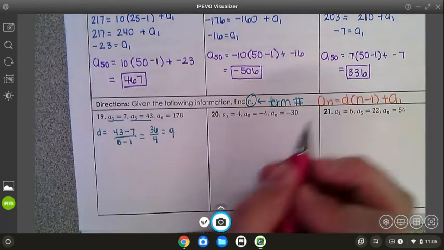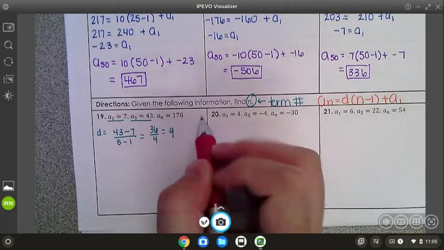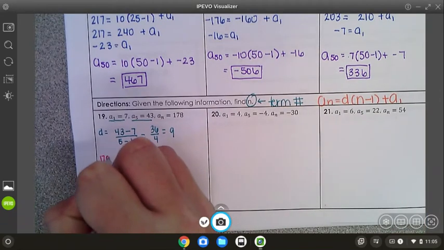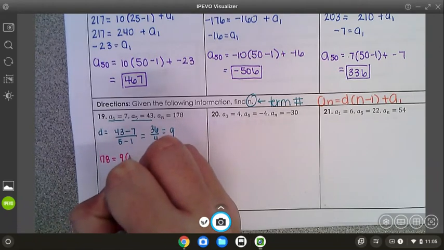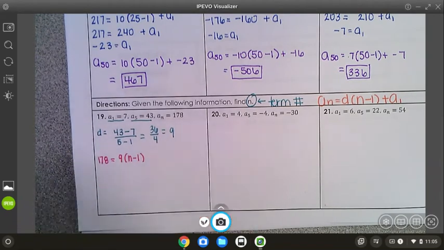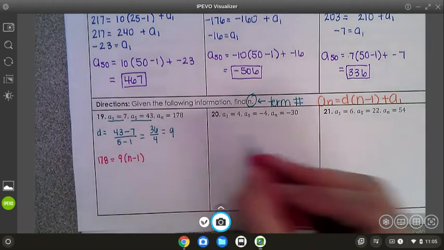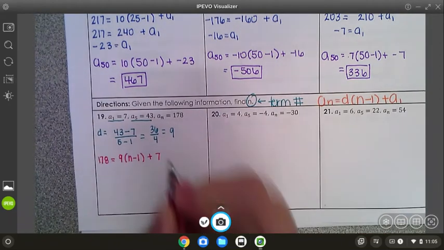So then let's go to our formula. AN, we know that's 178. Common difference is 9. Don't know our N, that's what we're finding. And my first term is 7.